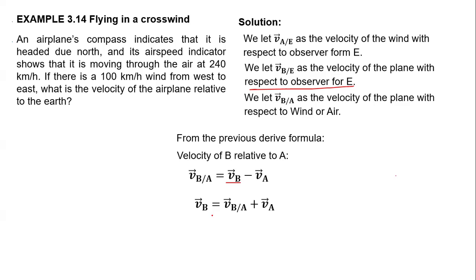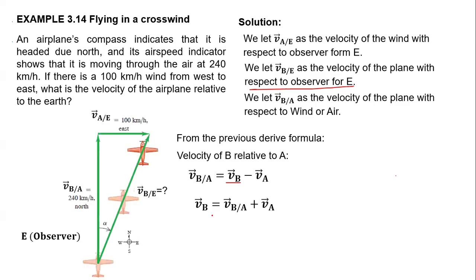Since these are vectors, if we draw this using the head-to-tail method, you have a vector due north, plus another vector due east, like this. Then you can find this vector using our knowledge from vector quantities.